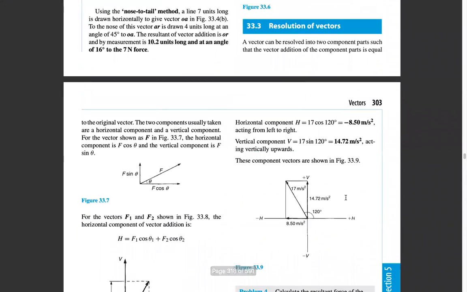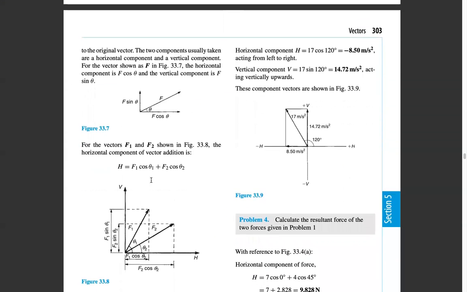So one technique is the resolution of vectors. Given a vector and an angle to some direction, you can find the components, the horizontal and the vertical components. Once you have the two components, you see here, we have a vertical component and a horizontal component. If F is a force and theta is the angle between the force and the horizontal, the vertical component is F sine theta and the horizontal component is F cos theta.